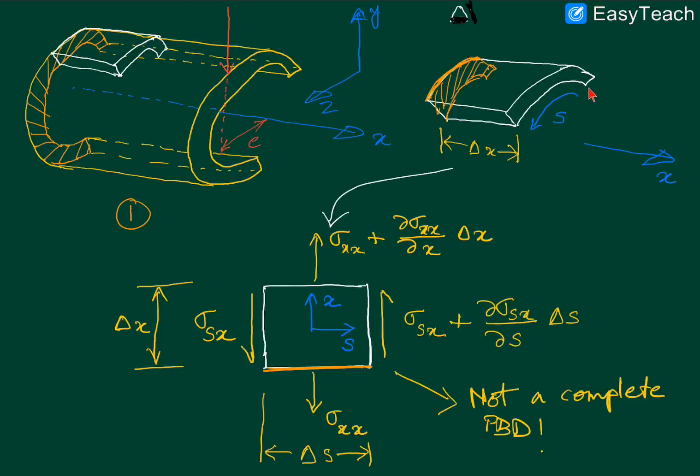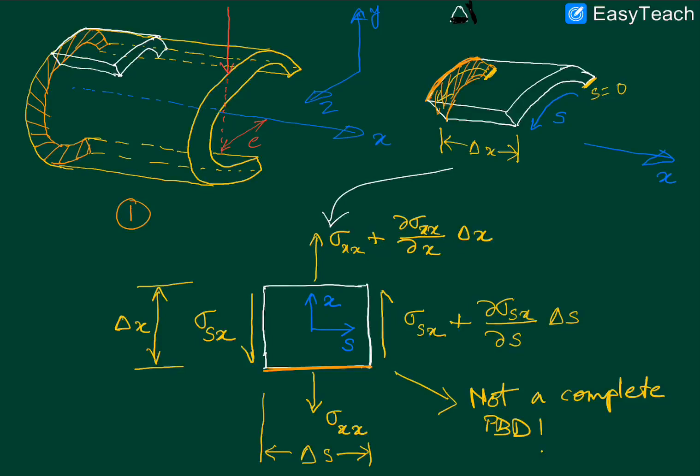So this is the part where s is equal to 0. Now you note that we are writing the expression for the sigma sx. So correspondingly this is also s equal to 0, and we are proceeding like this.